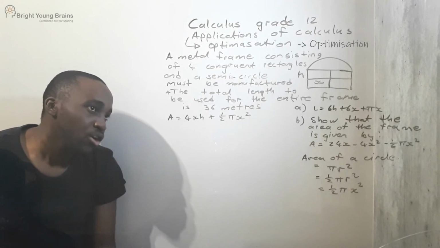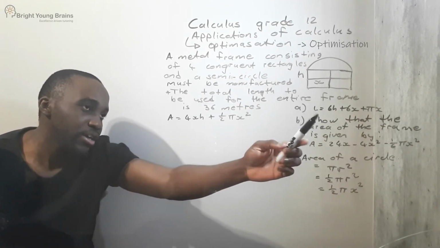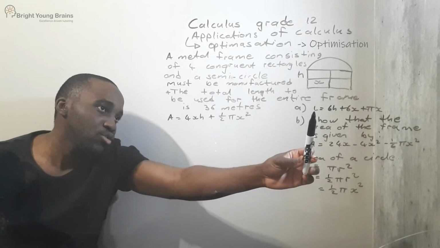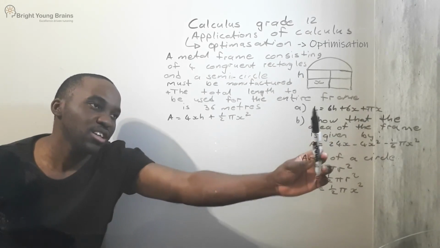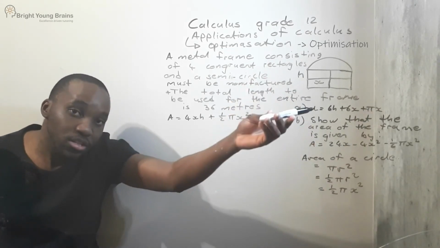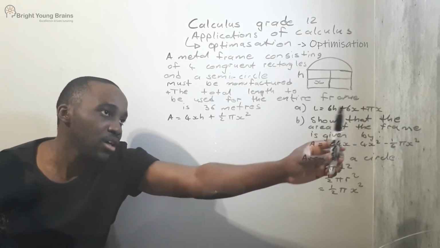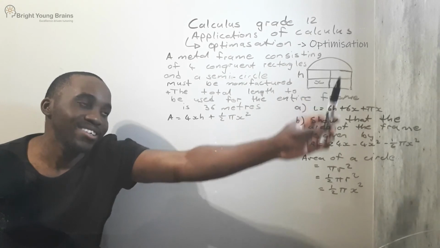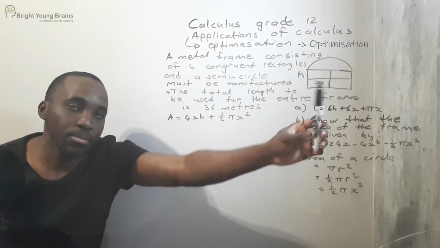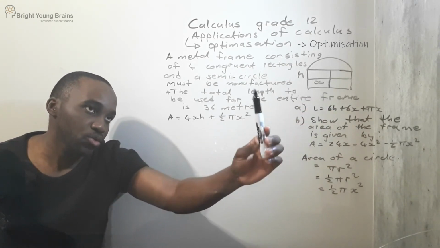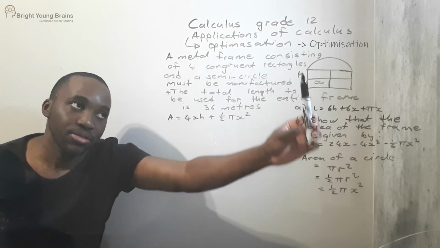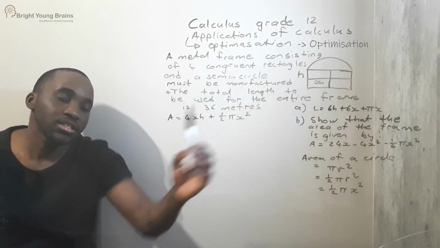And to get that, we may want to refer to A. They said we had to prove this expression, and even if we didn't prove it, you can still use it. So what we are going to do is, we know that whatever this length is, this represents the length of our entire frame or the material. They also told us that the length of our entire frame is 36 meters.